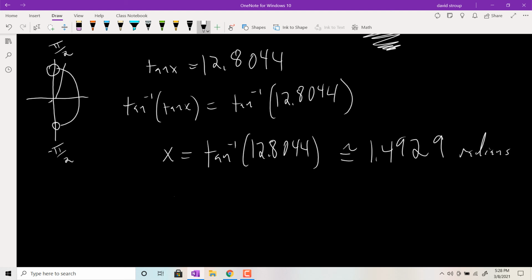So there's a couple ways you can do it. The angle you're getting here is the reference angle, right? So this would be x1. The x2 answer would be the x1 answer plus... so it would be x1 minus... oh, sorry, no. My brain is starting to fall apart.